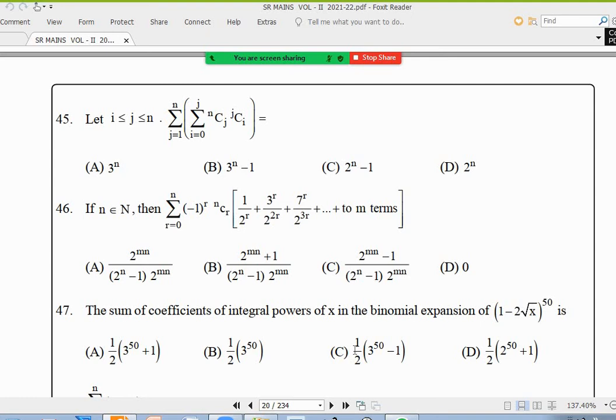All right, 45. First, I want to solve the inner sigma. Sigma i equal to 0 to j, nCj into jCi.